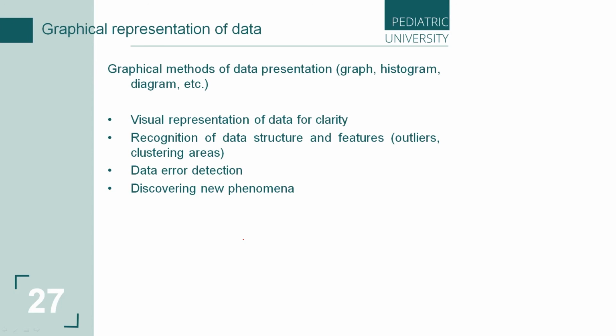And it's also used to recognize structure and highlight any distinctive features of data. Outliers: extremely high or extremely low values. Areas of clumping. To detect errors in the data, we could lose some numbers.